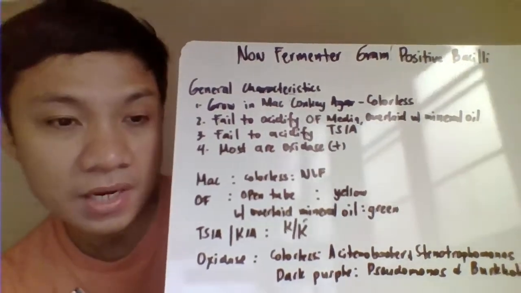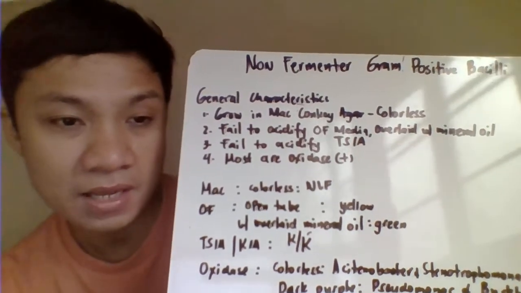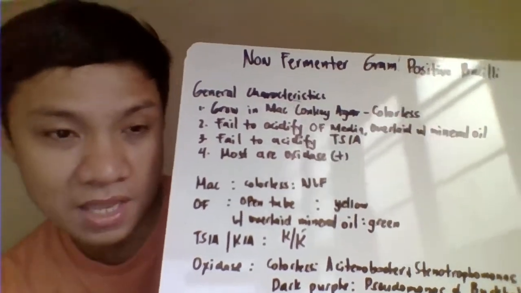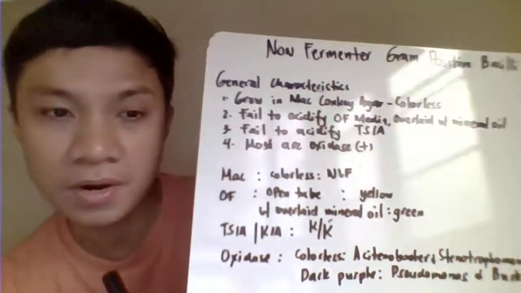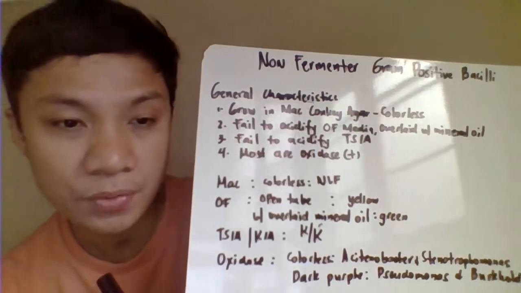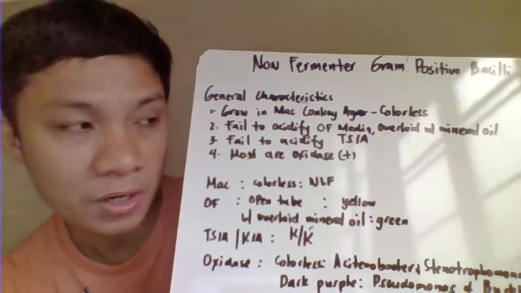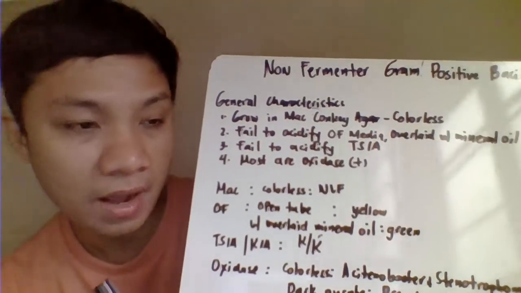Okay, we have here the general characteristics of the non-fermenting gram-negative bacilli. Number one, they are able to grow in MacConkey agar, but they are non-lactose fermenting, so they appear colorless on MacConkey agar.